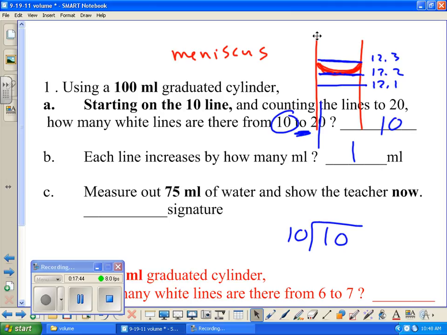Starting at this line, count the lines, how many lines, what is each increment, each gap worth. Then, oddly enough, you're going to get 75 mils of water. You're going to bring it to me. I'm going to sign off on it.